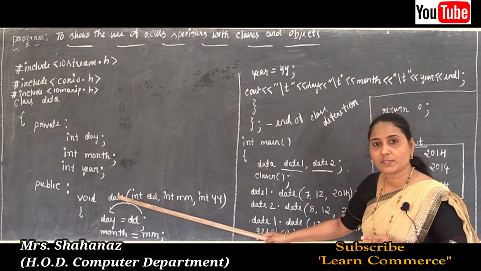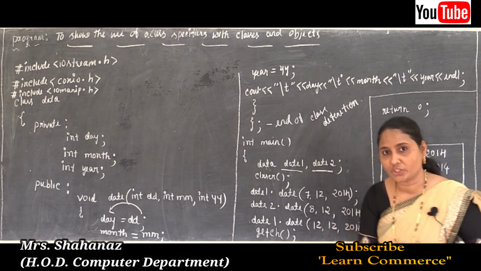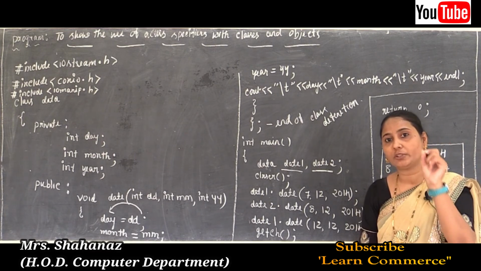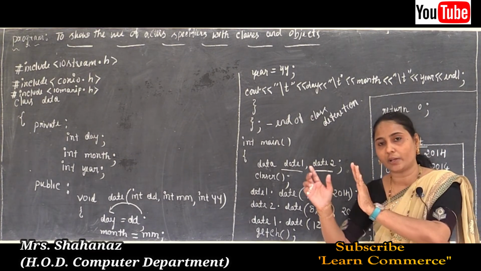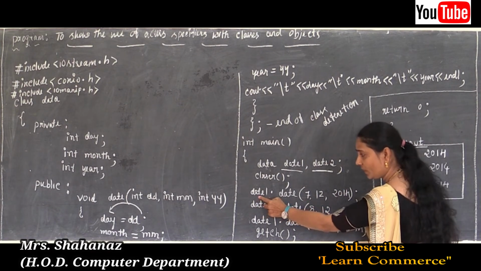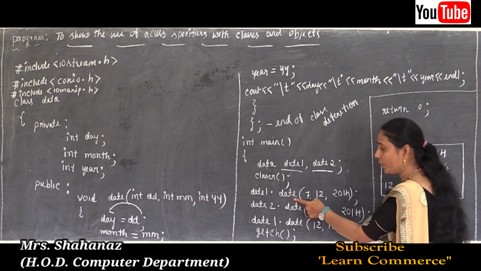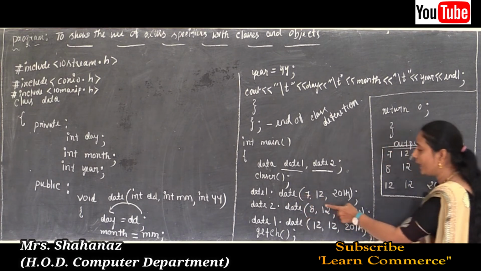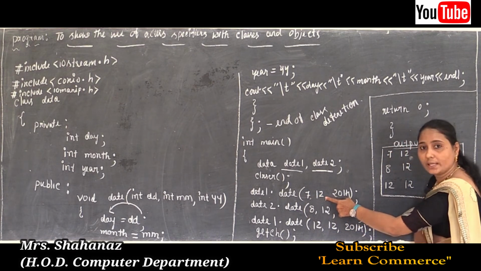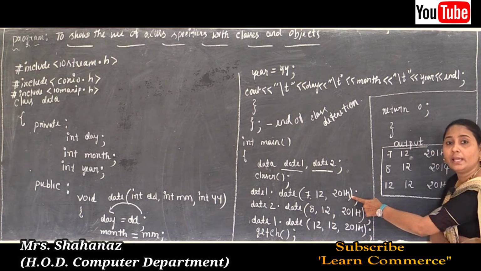Okay, the syntax for accessing the member function: class object dot member function. If there is any argument, then we use the argument. So just the class object date1, the member function name is date here, and later the arguments: 7, that is called the day, 12 is the month, 2014 is the year.